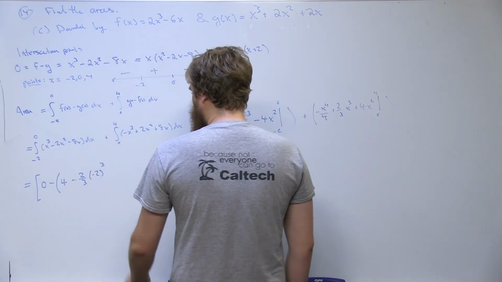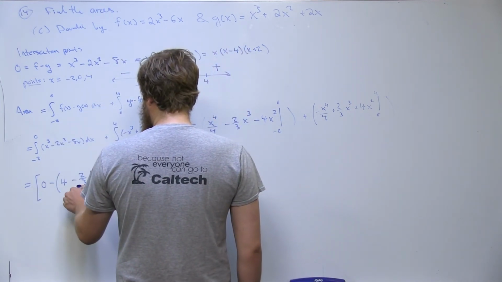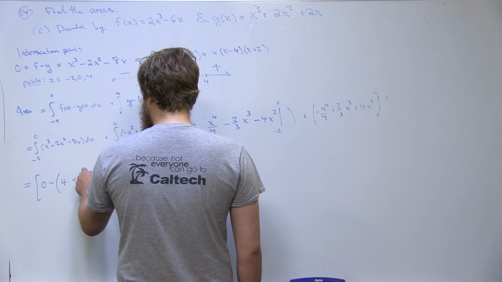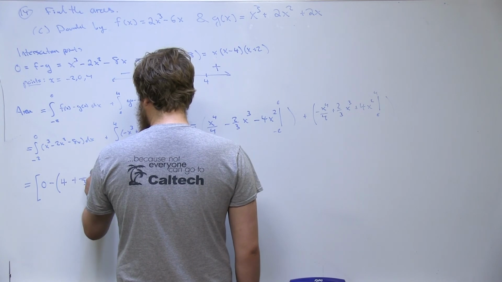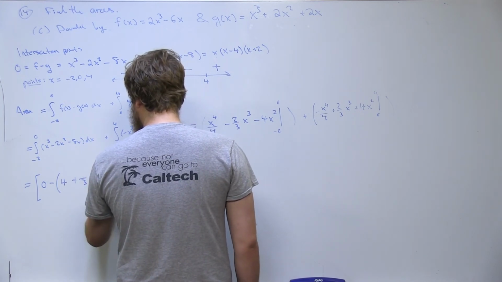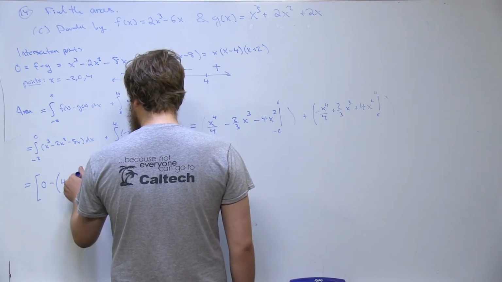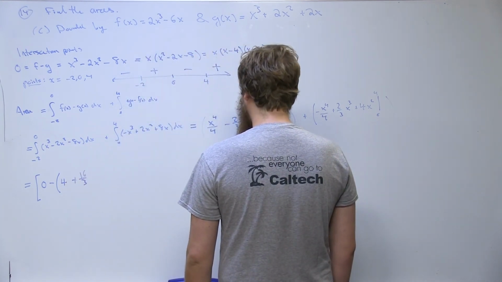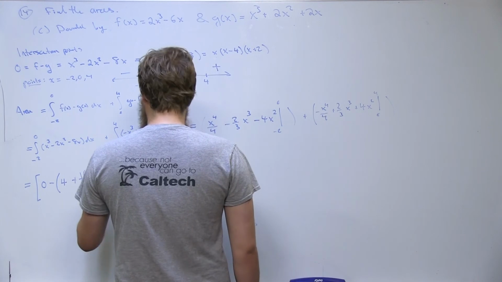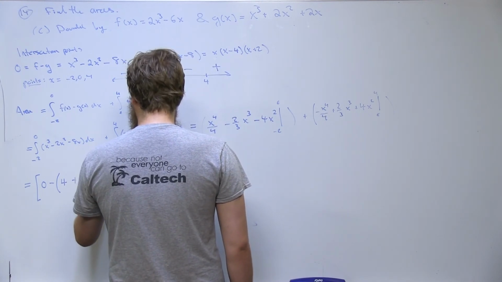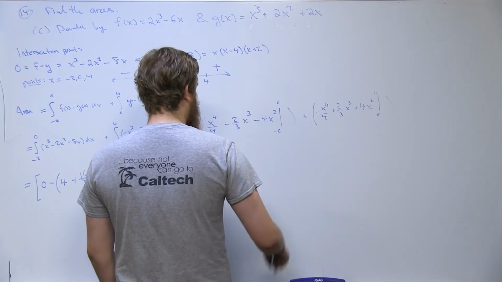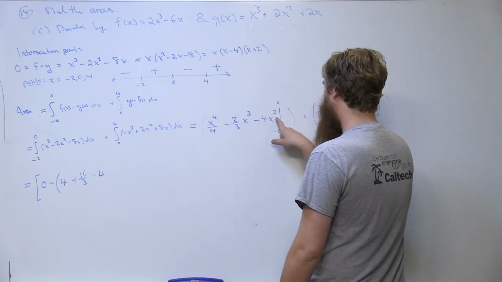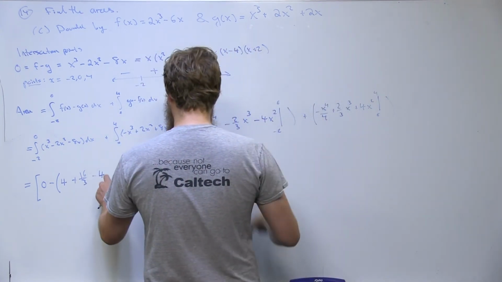Okay, so -2 cubed is -8, so this will become positive, and then 8 times 2 is 16. So this becomes positive 16/3. Okay, and then I've got minus 4 times -2 squared. -2 squared is 4 times 4 is 16.